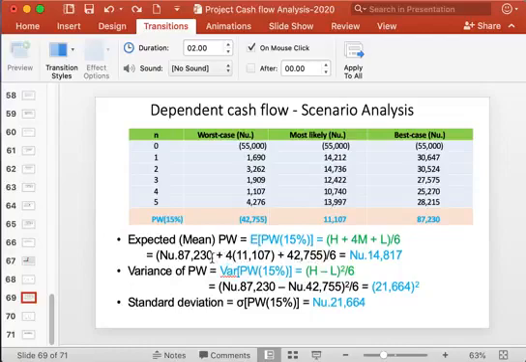We are calculating the mean using these three net present worths, and in doing so, we are actually taking care of the relationship both across and along each case.